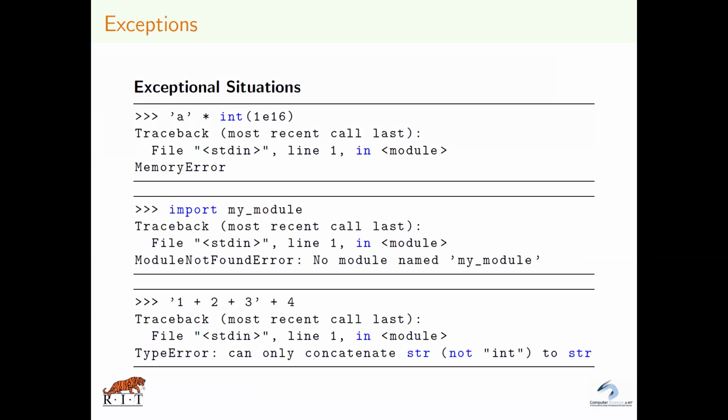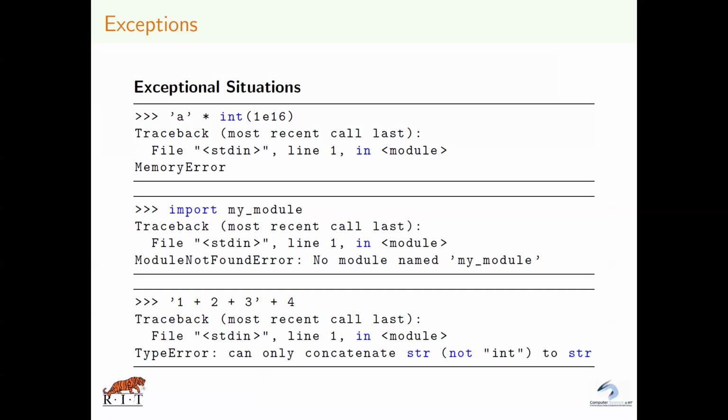Why are they called exceptions? Because these are exceptional cases. For example, I want to create a variable, a string of A's, and the size of this string is 10 power 16. Then I get an error, a memory error.